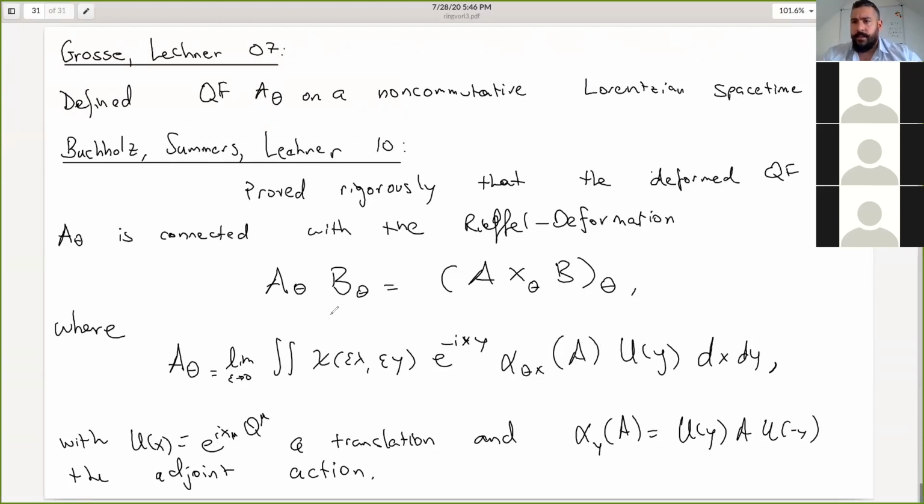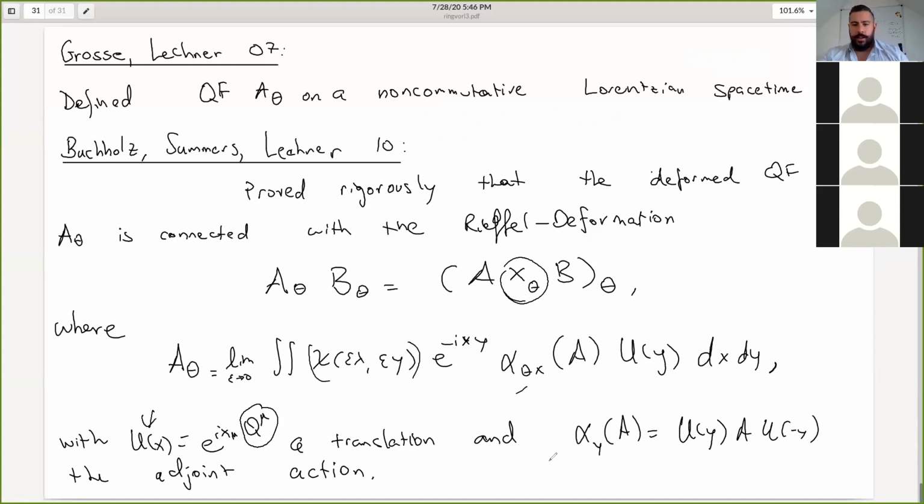And it is connected in the following way. The product of two Rieffel-deformed operators, A_theta and B_theta, is given as the non-commutative product of Rieffel, A times_theta B, and the whole thing deformed again, where A_theta is given by some cutoff function, forget that for the moment, e to the minus ixy, the translation with respect to theta x, and the translation u(y), dx dy, where u(x) is a translation with some self-adjoint operator Q_mu, and thus this is a unitary group.